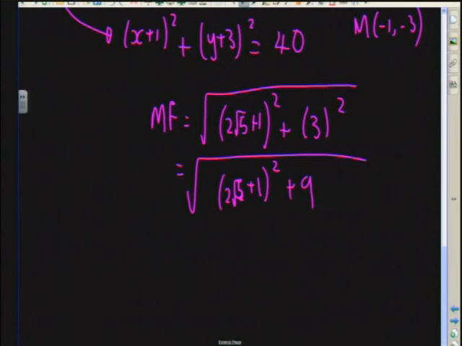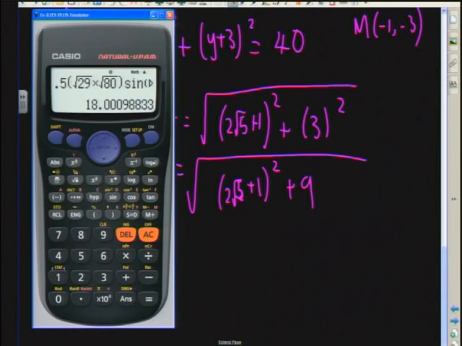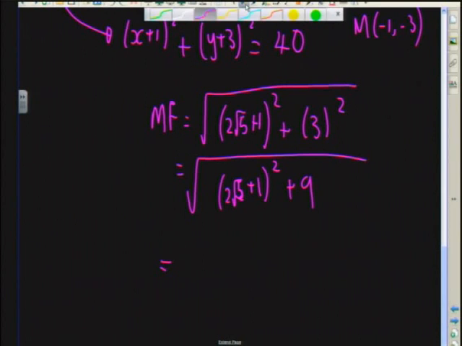Let's simply put that into the calculator. We're taking the square root of (2 root 5 + 1) squared, plus 9, and that's going to give us 6.24.